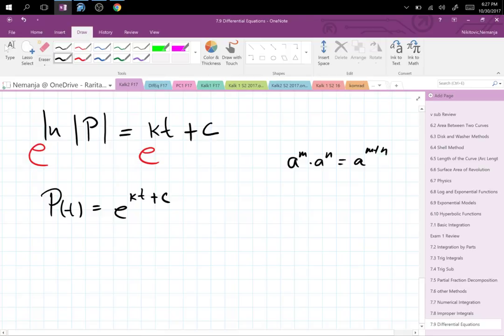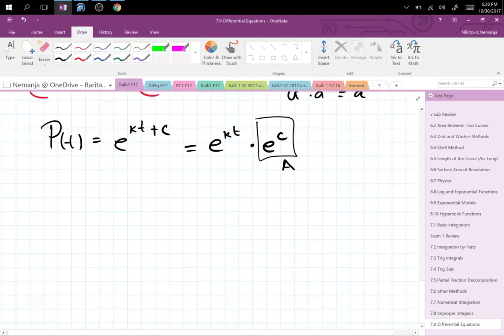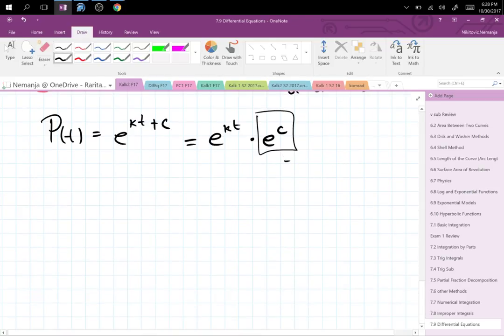So these two can be split into e to the kt times e to the c. And I'm going to call this constant a. Sorry, I'll call it P0, what it's supposed to be. So population in time is equal to P0, P initial, whatever you want to call it, times e to the kt.